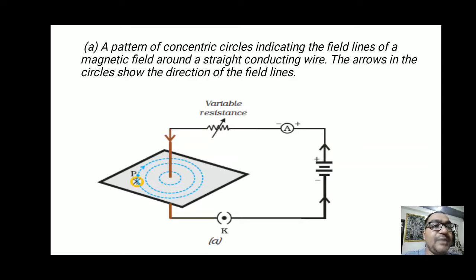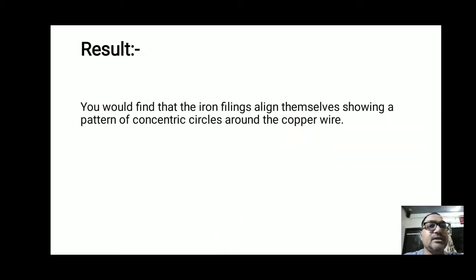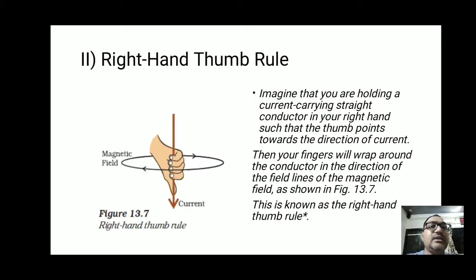It first passes from the plug key, then in the copper wire from the downward direction to the upward direction, then passes through the variable resistance and ammeter, and then comes to the negative terminal. At that time the magnetic field line direction should be reversed. So we have to keep the arrow in the reverse direction by applying the right hand thumb rule. This way we can understand the right hand thumb rule.